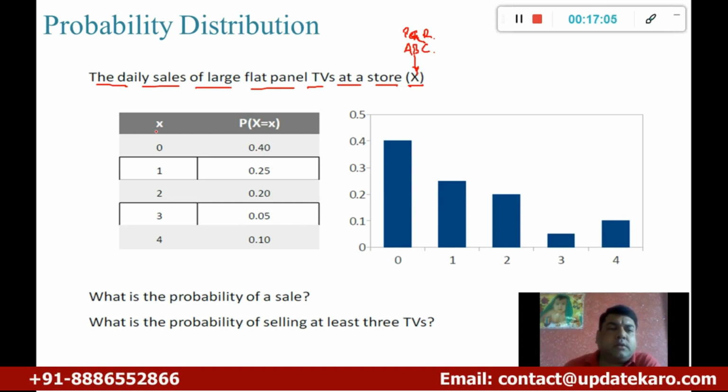And these are the number of TV sold on daily basis, right? And these are the probability associated with those number of TV sales on daily basis.